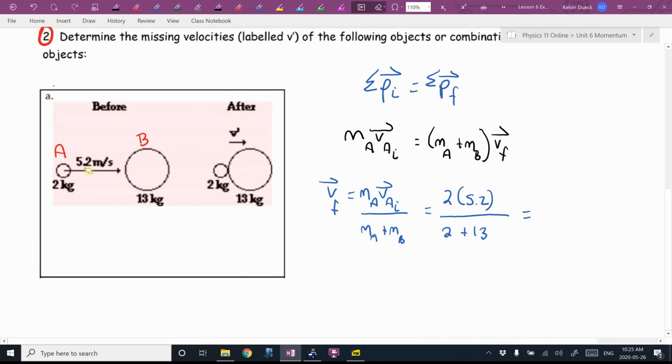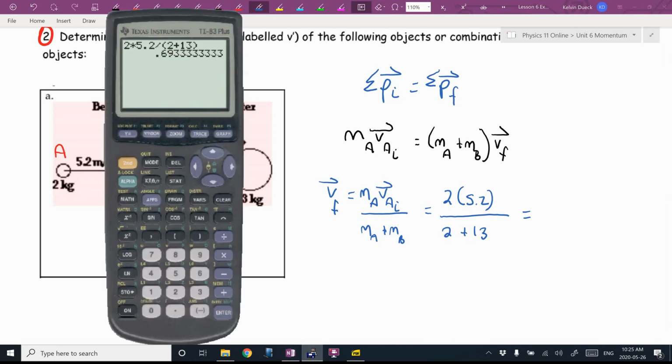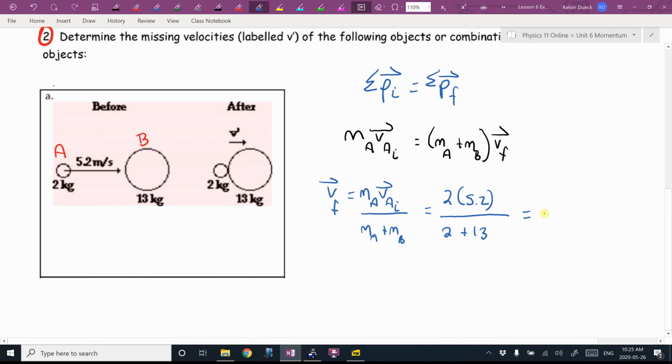I definitely know that if they stuck together, the answer is going to be less than 5.2. Way less than 5.2. 0.69. If you wanted me to add a direction, I'll say forward.